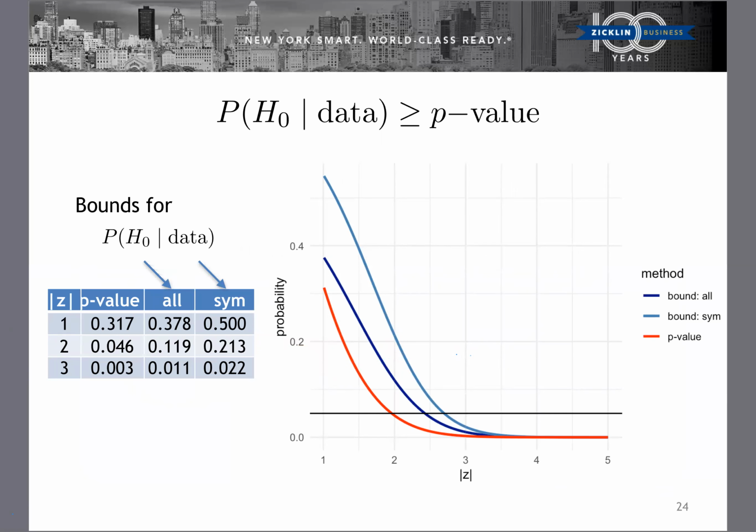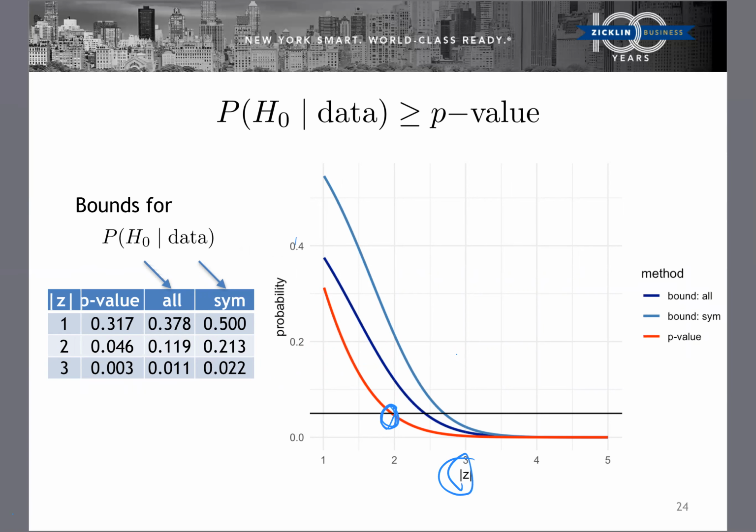So in the x-axis, I have the value of the z statistic. In the y-axis, I have the bounds that I'm just presenting you and the p-value. So the p-value is in red. The p-value is a function of the z statistic. When the z statistic is around 2, the p-value is around 0.05.